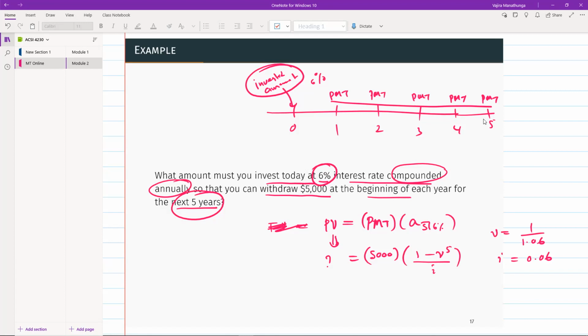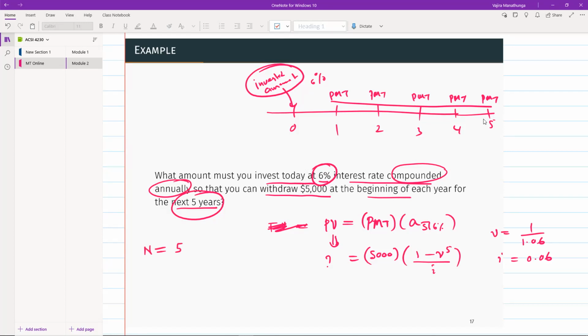Now let's try to solve this using our calculator. In our calculator, you have a few functions. You need to enter n.